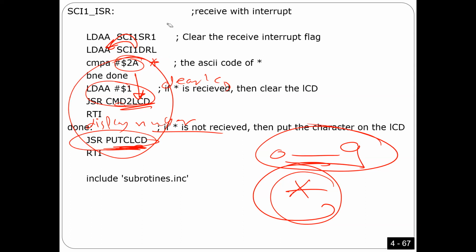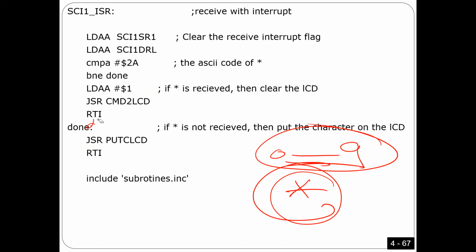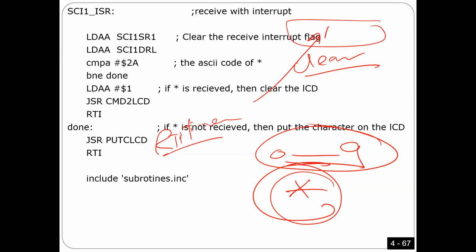One important thing is missing. You always have to clear the flag bit. One way to clear the flag bit is by reading a register. I already explained before, in the case of the timer and RTI, how you clear the flag bit: there is a register and you have to write one to it. Sometimes, if you want to clear the flag bit, you have to read the register, and that's exactly what happens here.